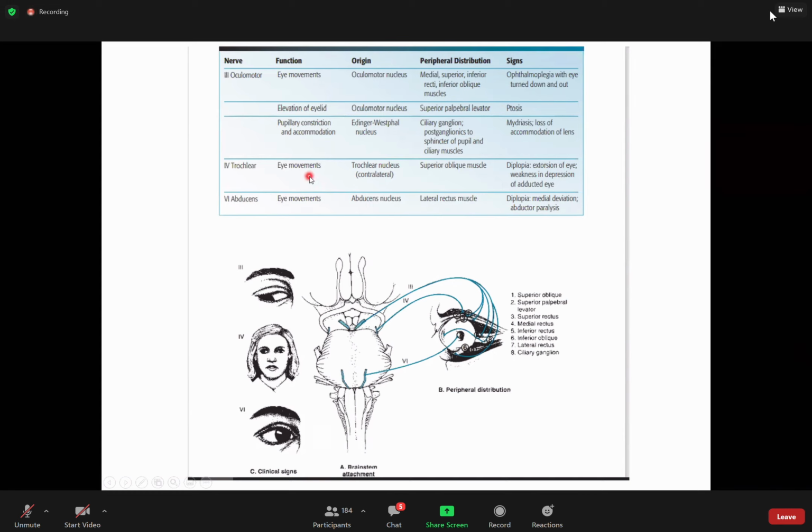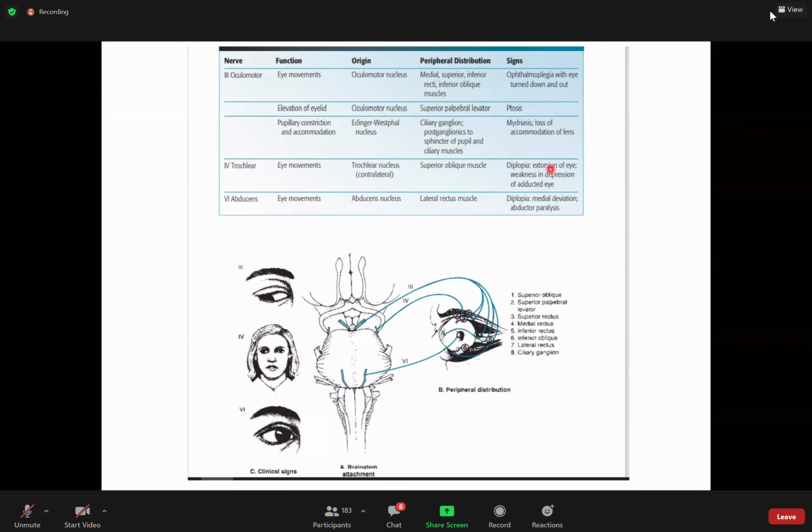The trochlear nerve is important in eye movement. It starts from the trochlear nucleus of the contralateral side. It supplies the superior oblique muscle, and damage to the trochlear nerve will result in diplopia and extorsion of the eye. So when there is extorsion of the eye, you cannot depress and adduct the eye.